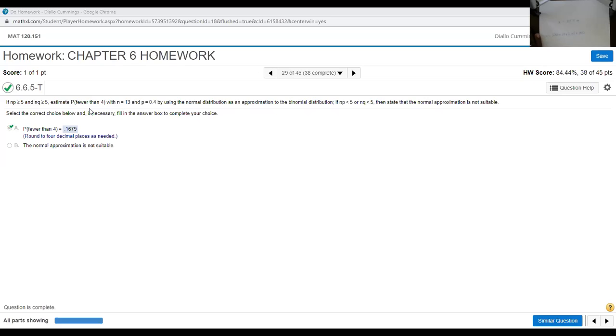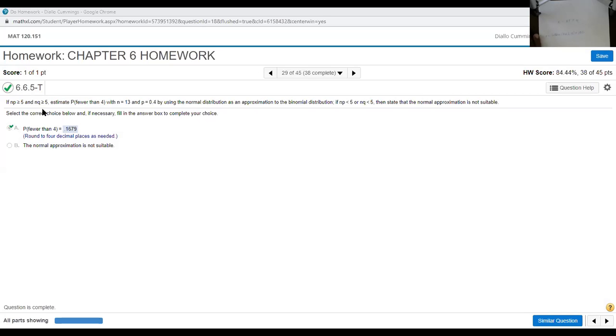So we're going to have to do a couple of things here. In order to use our z-score, z is equal to x minus mu divided by the standard deviation. We're basically going to use x as 3.5, and we'll see why in just a second, minus mu.